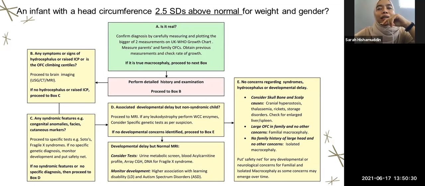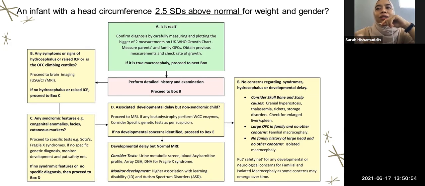So we will proceed with karyotyping or genetic diagnosis. If there are no syndromic features, we will observe whether it is associated with developmental delay. If there is none, there is probably no concern regarding syndrome, hydrocephalus, or developmental delay.